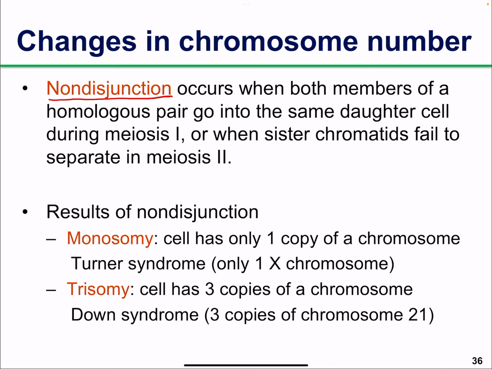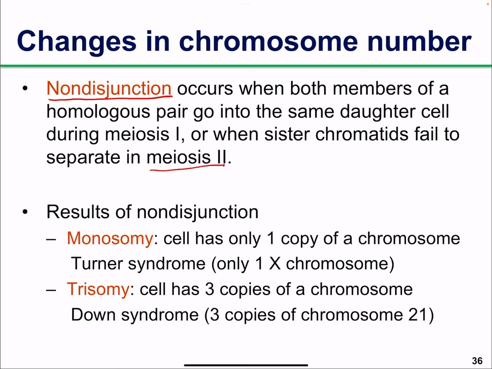We're going to have 2 daughter cells that have too many chromosomes and 2 daughter cells that are missing some chromosomes. Now, non-disjunction can also occur during meiosis 2. And when that happens, 2 daughter cells are going to be perfectly fine, while 2 daughter cells are not going to be fine. One is going to have too many chromosomes, and the other one is going to have too few chromosomes.